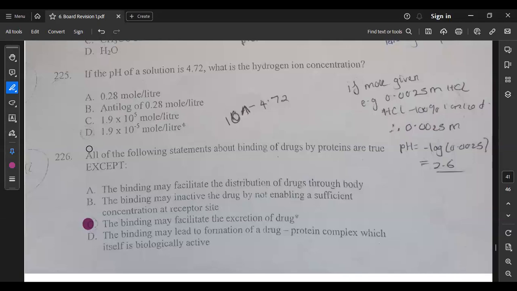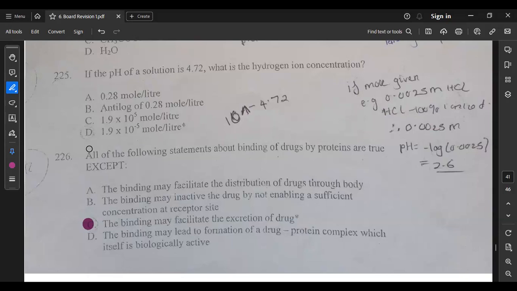I was thinking D could be right, but when we say biologically active, maybe sometimes the proteins can increase the activity of drugs, in that due to binding they act as an accumulation of the drug or a drug depot, almost like a sustained release when they're bound.